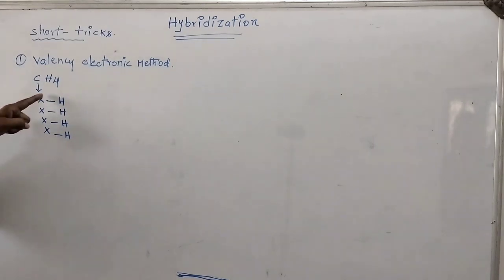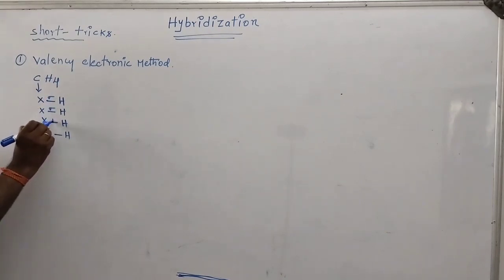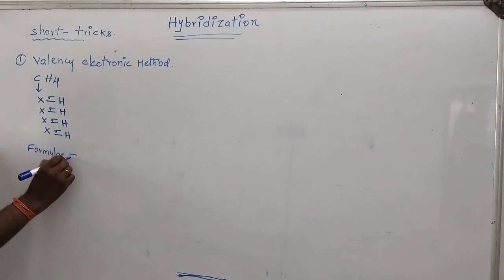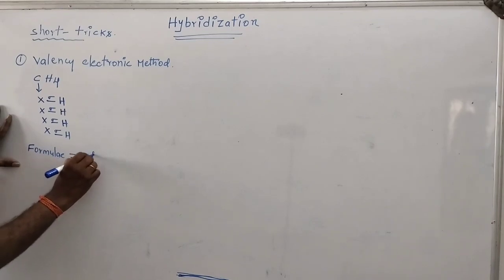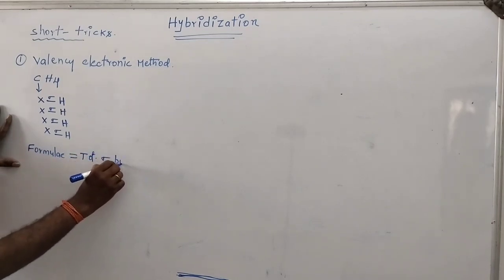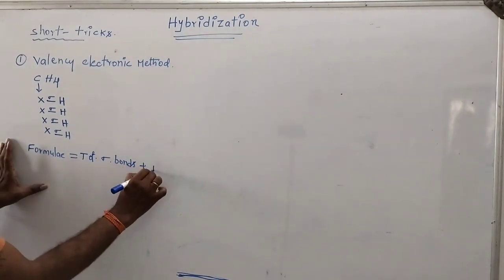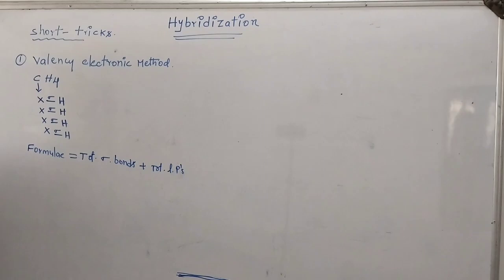Now if you take all the 4 bonds, each and every bond should be considered as a sigma bond. Between C and hydrogen, these are 4 sigma bonds. Now, what is the formula? Formula of hybridization: H equals total number of sigma bonds plus total lone pairs. Then we will get the resultant number.